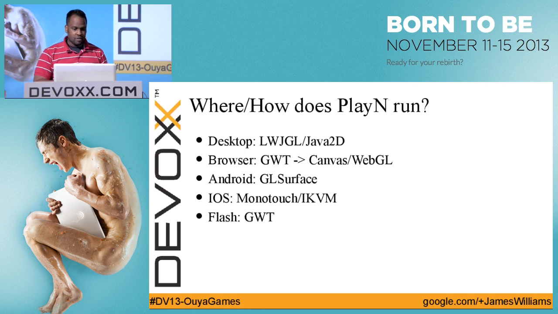The one oddball here is iOS, because you need to use MonoTouch, which costs like $500 or $600 each year, and then it also uses IKVM, which is a way to compile from Java into C#. So you have this kind of weird daisy chain thing going on there.